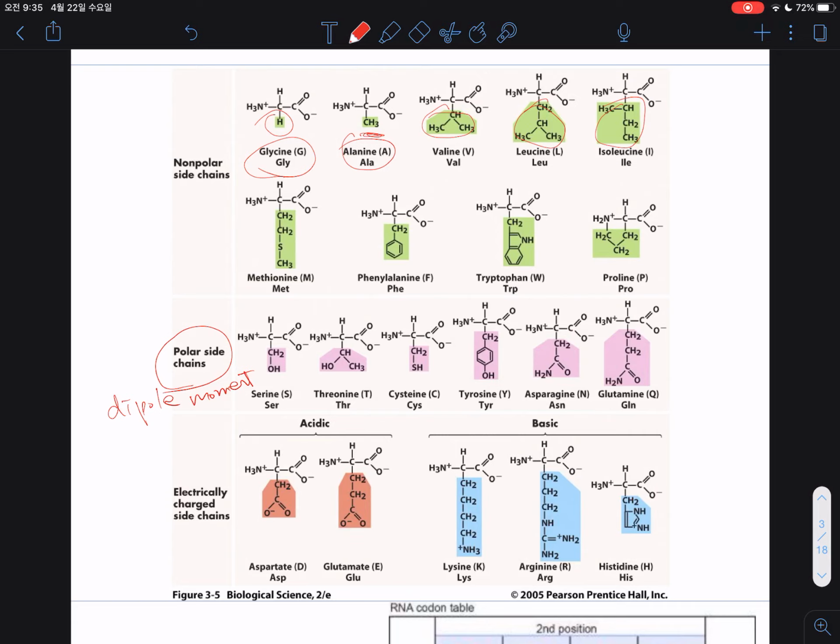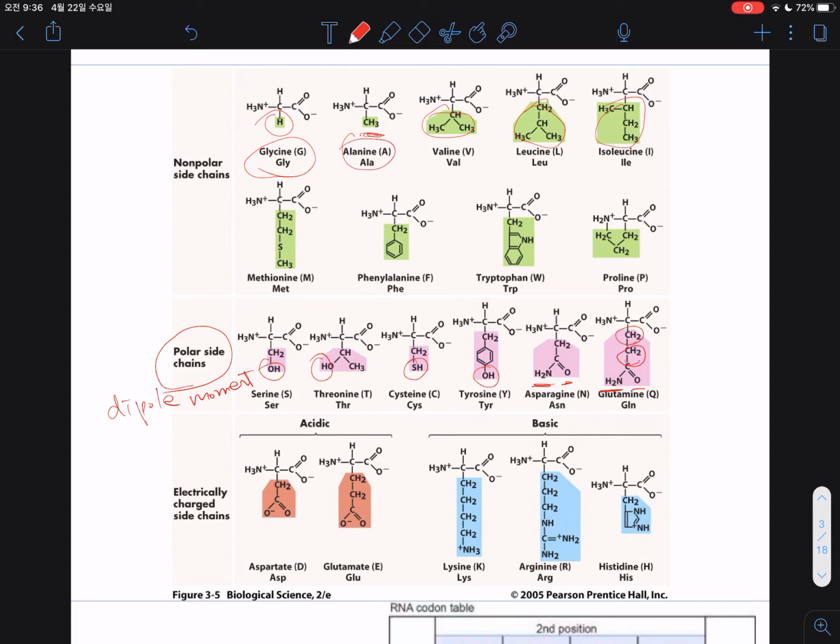For example, serine has OH at the end of its R group, and threonine has OH here. Cysteine has SH, tyrosine has OH, asparagine has NH2 and O, and glutamine has NH2 and O, but it has two CH2 groups in between.